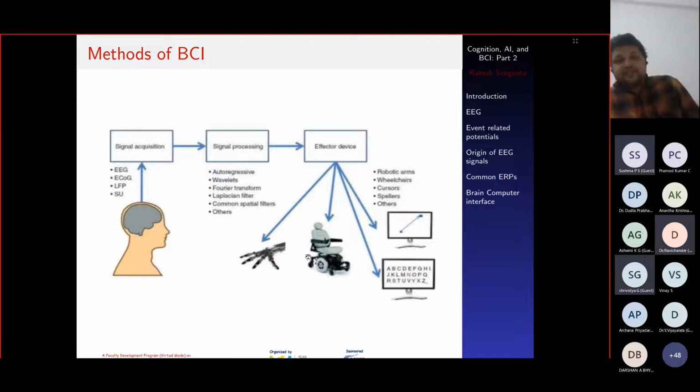Then we have signal processing, which can be done through different methods: autoregressive methods, wavelets, Fourier transforms, Laplacian filters, common spatial filters, and others. Some of these methods will be spoken about in detail by others. And the effector devices can be robotic arms, wheelchairs, cursors, spellers, etc.